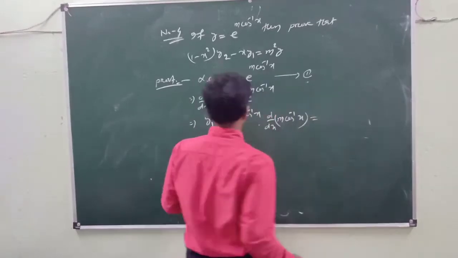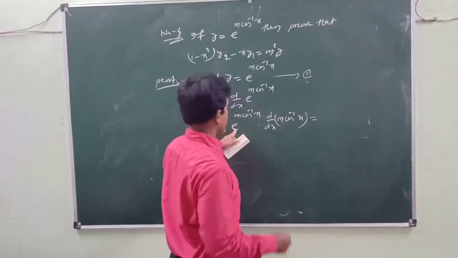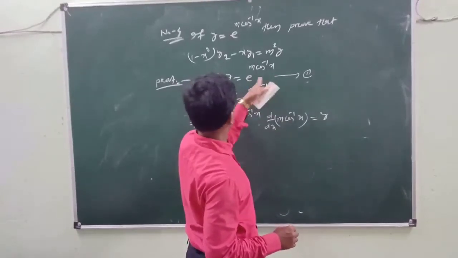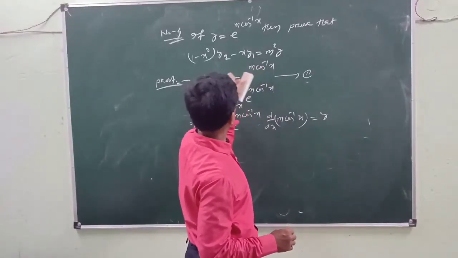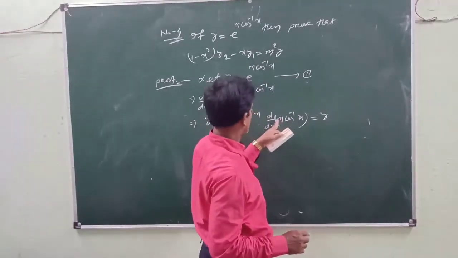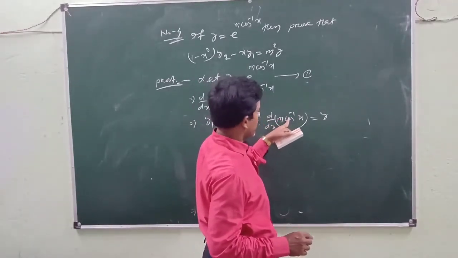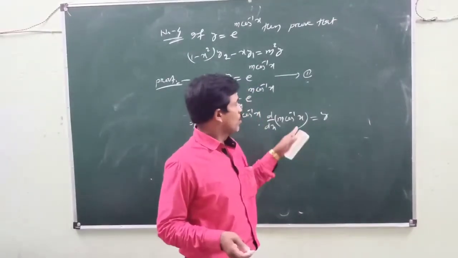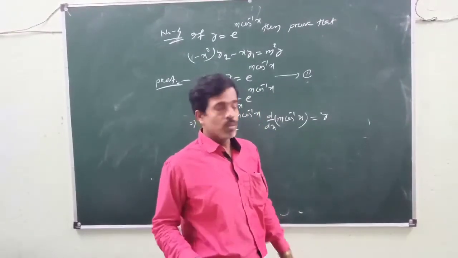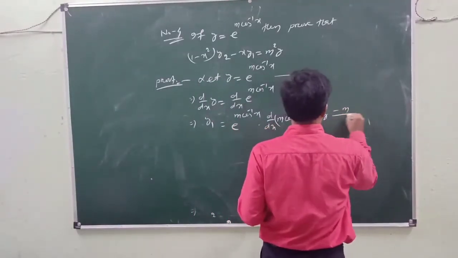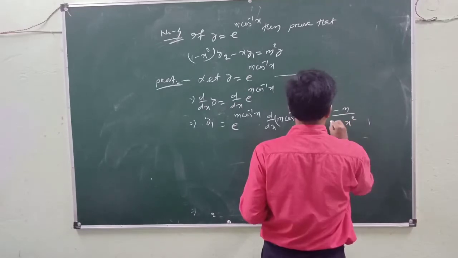So it is y, right, e to the power m cos inverse x, y from equation 1. Then derivative of m, here m is constant, we take outside. Then only derivative of cos inverse x, it is minus 1 by square root of 1 minus x square. So this value will be minus m by square root of 1 minus x square.